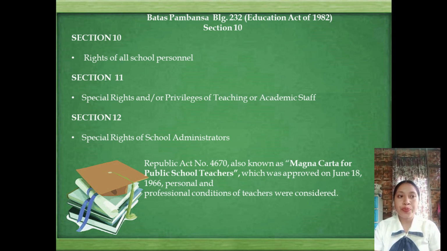So we can see that there are provisions applicable to all and provisions considered as special needs. Republic Act No. 4670, also known as the Magna Carta for Public School Teachers, was approved on June 18, 1966. The personal and professional conditions of teaching were considered. The main goal is to promote the improvement of the social and economic status of public school teachers, their living and working conditions, their career span, and employment prospects.